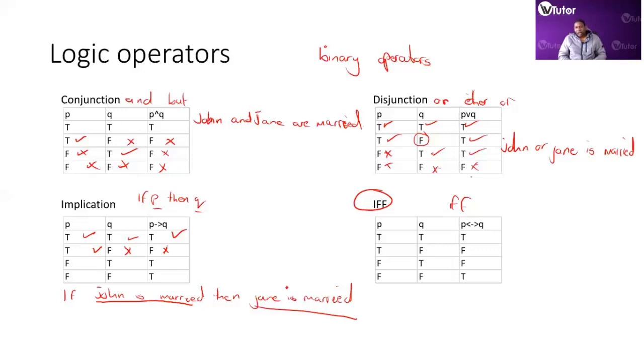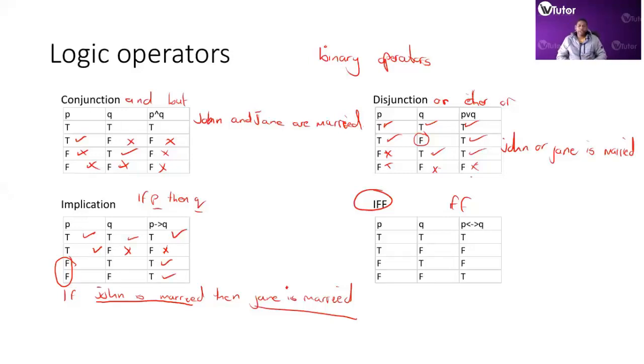Our basis for argument was that whenever John is married, Jane has to be married as well. Now, we have John not being married, so our basis for argument falls away. So for these two, we don't have a basis for an argument. So you see that it resolves to true always.